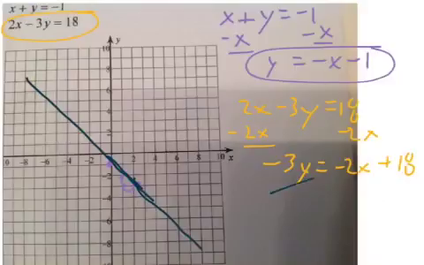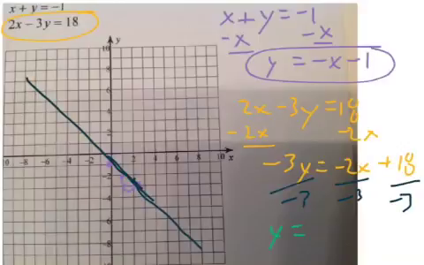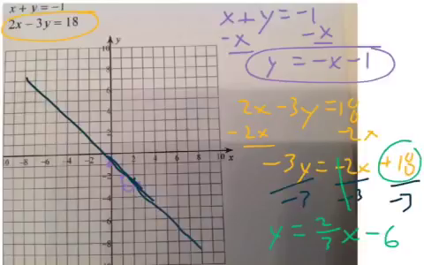And now I'm just going to divide by negative 3. Distributive property, right? All three terms gets divided by negative 3. And my final answer is y equal to 2/3 x, because negative divided by negative is positive, and minus 6, because positive divided by negative is negative, right?